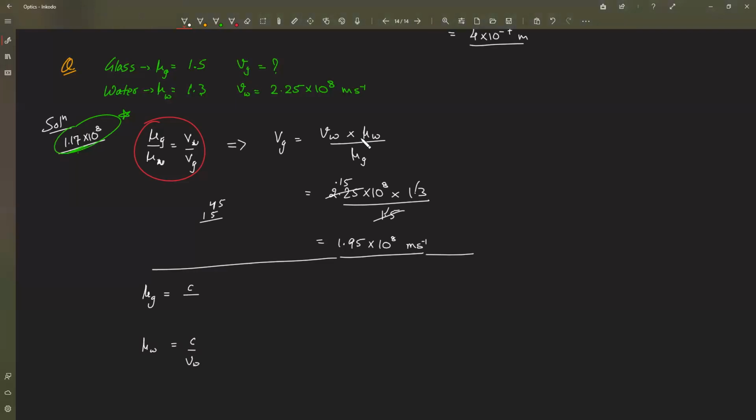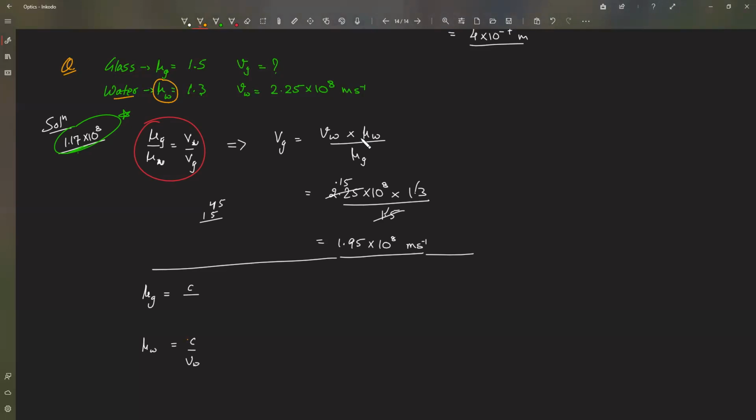I didn't take it as c as such because we don't know the value. I just took it as x. If it is given that this is the refractive index of water, that means the reference medium is air, and it is always c divided by v. So in any case, x will be the same thing, that is 3 into 10 to the power 8.